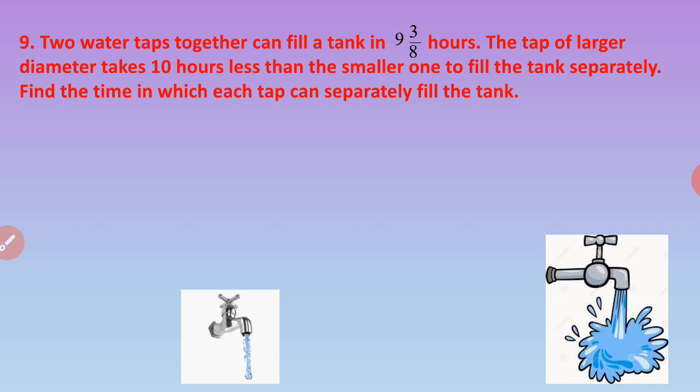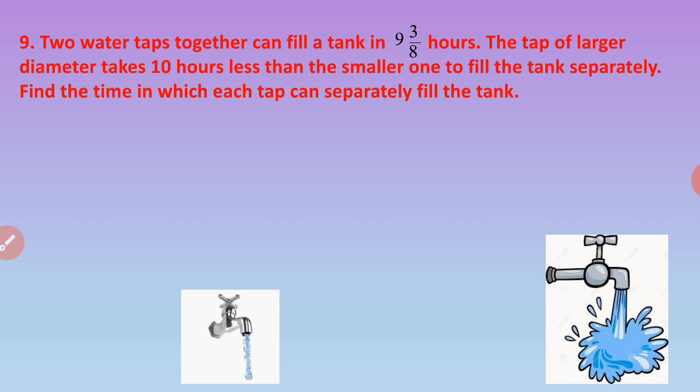Now, they have told you the relation between the time taken by these two taps to fill the same tank. It is clearly said in the second statement, the tap of larger diameter takes 10 hours less than the smaller one to fill the tank separately.